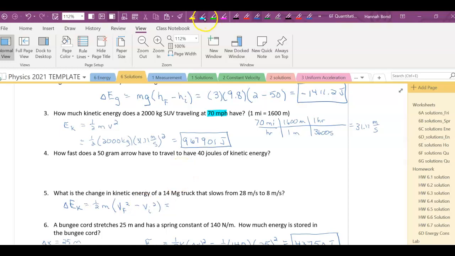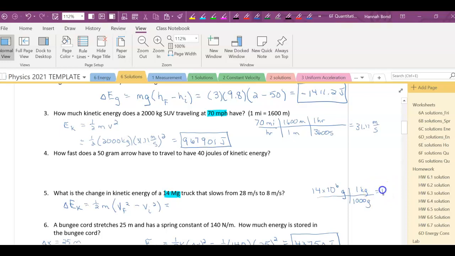Now I have to be careful here because I see something that is not in standard units. It's a 14 megagram. Let's just think about that. That's 14 times 10 to the 6 grams, because mega means times 10 to the 6, but the standard unit for mass is the kilogram, and there are 1,000 grams in 1 kilogram.